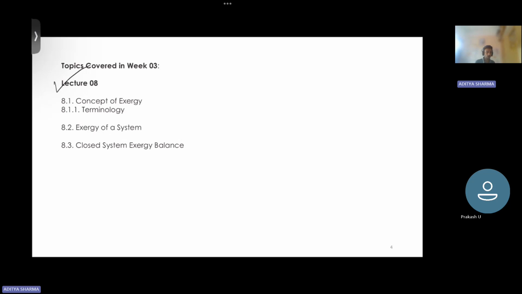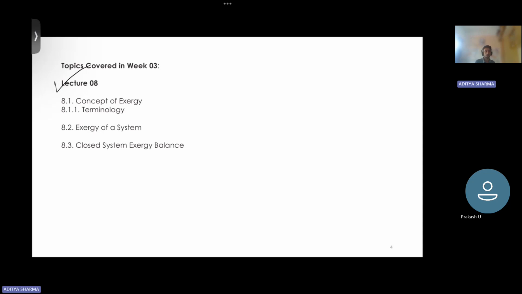So this is exergy. Then various aspects related to exergy have been discussed, like exergy cannot be negative, and exergy is not conserved.